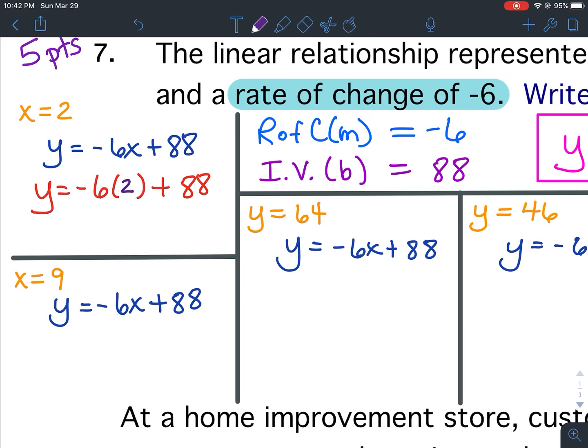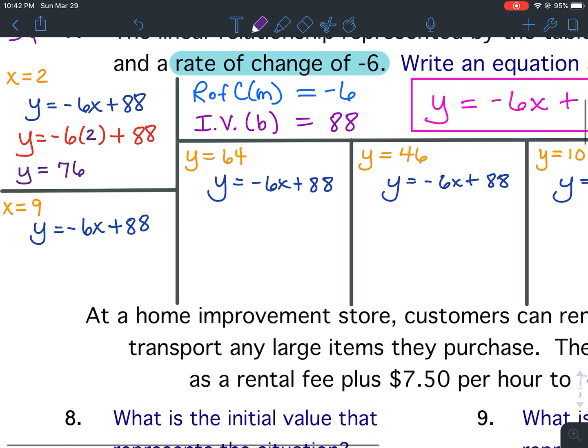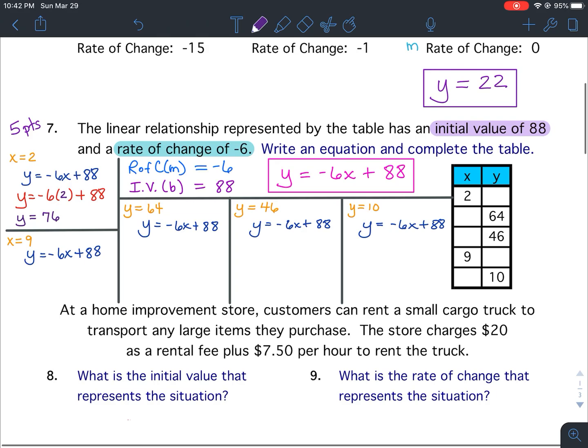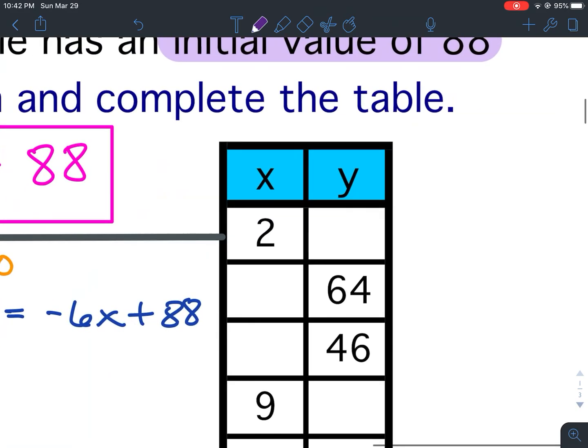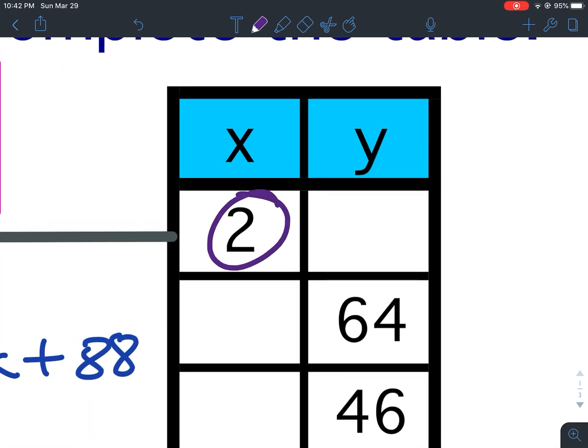So you would put that all into your calculator at once and solve for y. You would get -12 plus 88, so you would get 76. So the first one we solved for, we got 76. So you're going to go back over to your chart here, and beside where it says x equals 2, you're going to write 76.